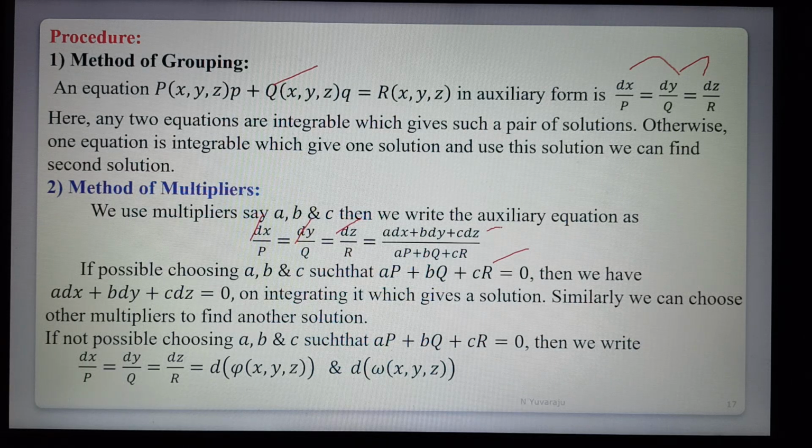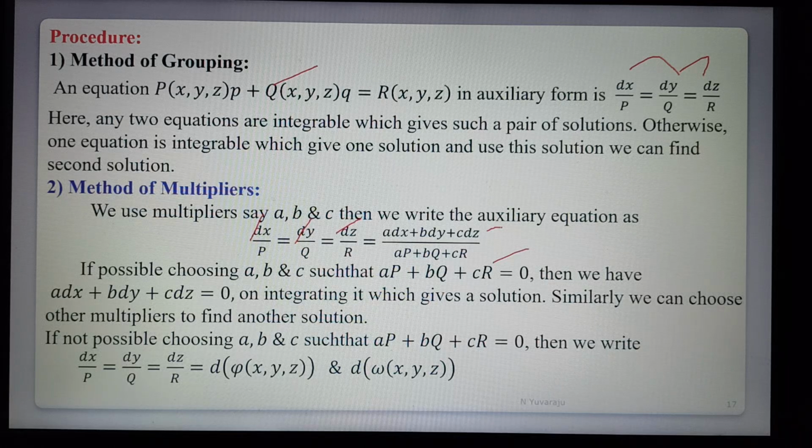We have to choose the multipliers a, b, c such that after multiplication and adding, the denominator is 0 only, so automatically the numerator is also 0. So a, b, c are only constants or functions of x, y or z. Now integrating, we get one solution. Similarly we can choose other multipliers to find another solution.